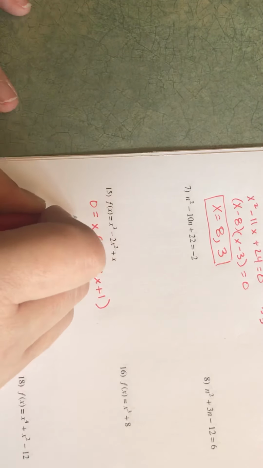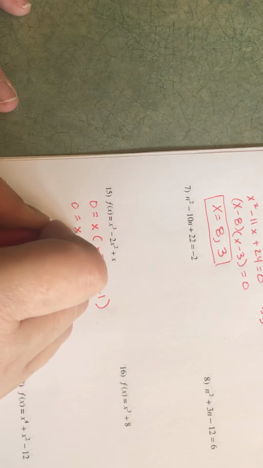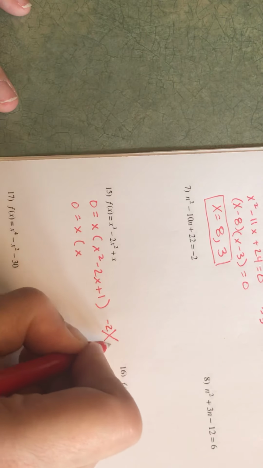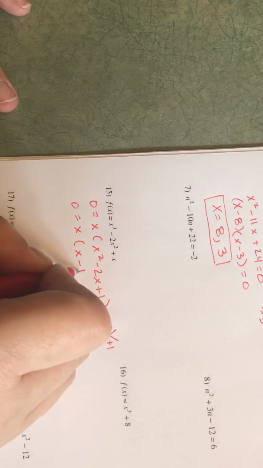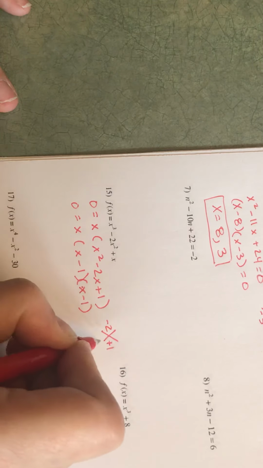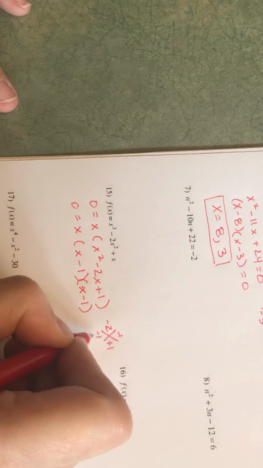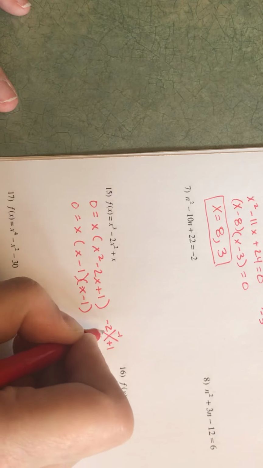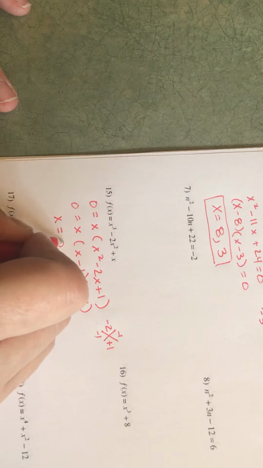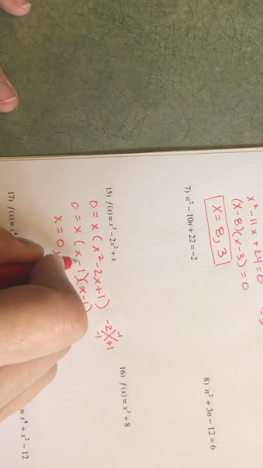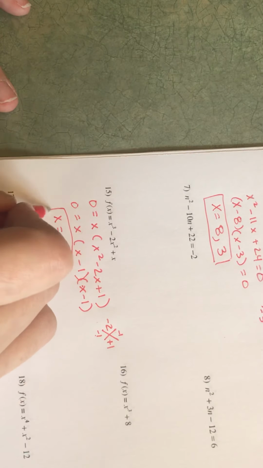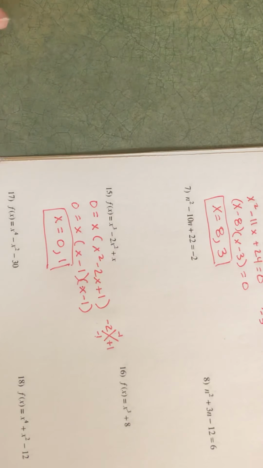And now I can factor this. 0 equals x times x minus 1 times x minus 1, right? -1 times -1 is +1, -1 plus -1 is -2. So then x equals 0 for this one, and +1, but it's repeated, so I only have to write that once.